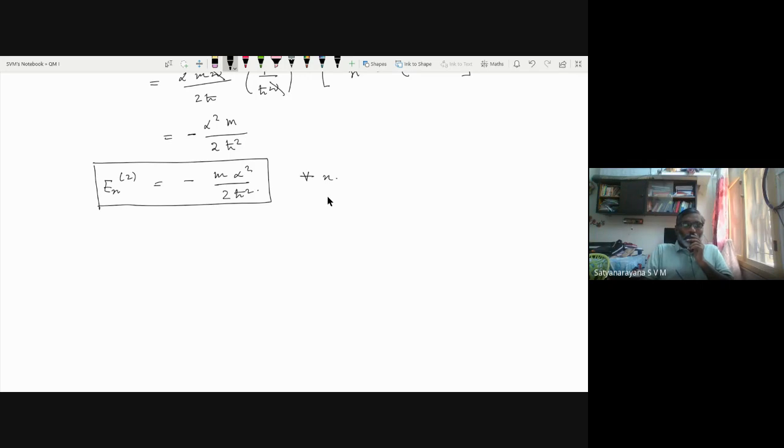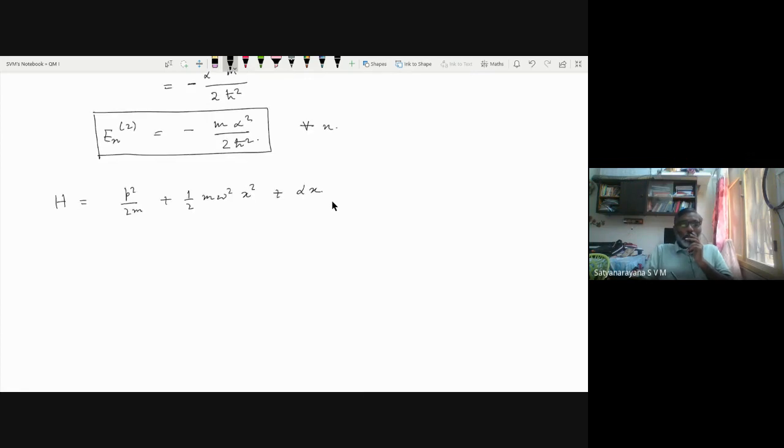Let's look at this Hamiltonian, which is equal to p square by 2m plus half m omega square x square plus alpha times x. Now, supposing I write this as p square by 2m plus half m omega square into x square plus 2 alpha by m omega square into x. Can I write like that?